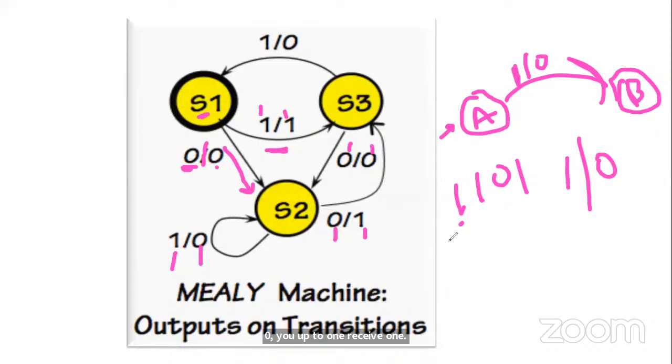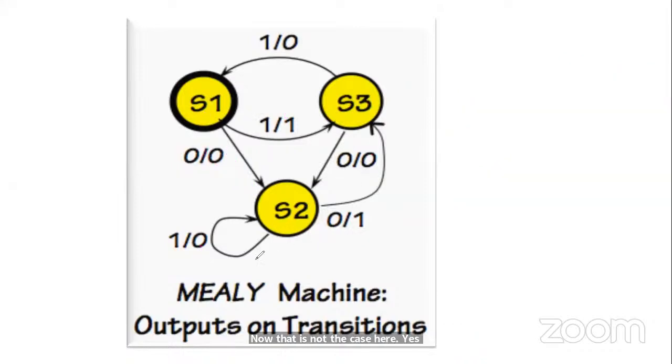Is state S2 the start state, sir, because the arrow points into itself? Now, that is not the case here, S2. What we said about the initial state is that the arrow comes from nowhere. You can see this one here, the arrow is coming from S2 and pointing to S2, so it doesn't mean it's the initial state.